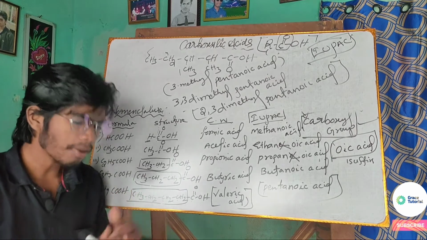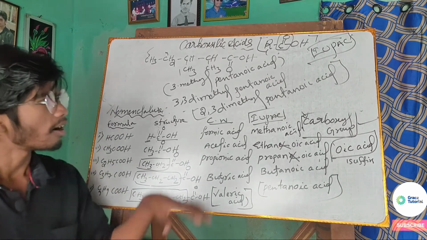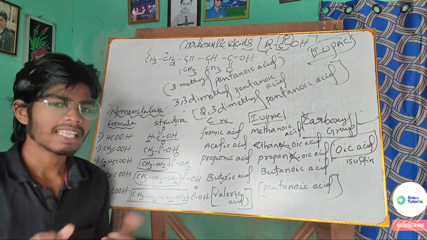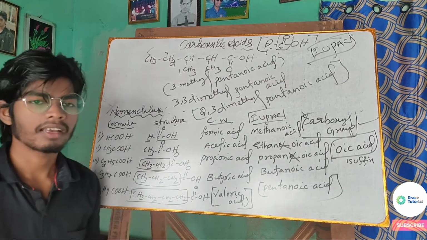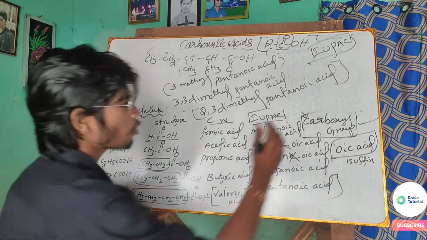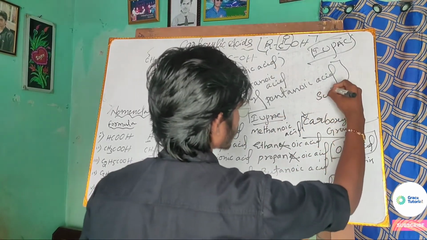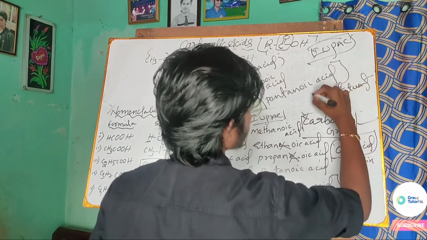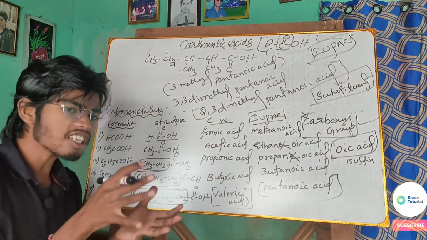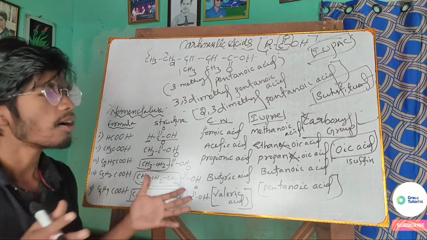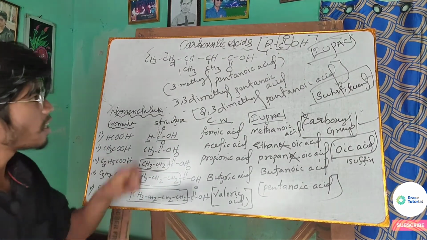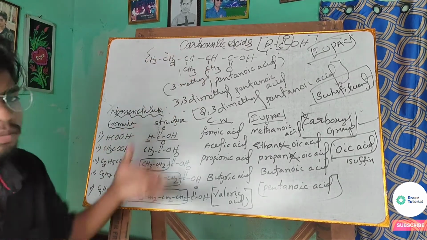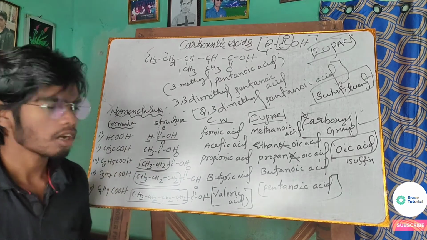What you need to remember most importantly in naming by the IUPAC system: first, how many carbon atoms are there, and second, what substituents are attached, because these substituents are named first. Substituents are the groups attached to the carbon atoms, like a branching. Since these CH3 groups are attached to the carbon atom, they are the substituents.